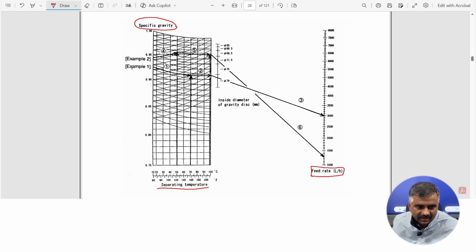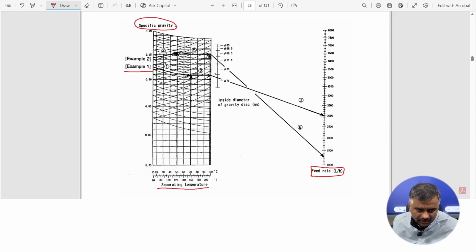Now let us see the example 1 type. This is the set of gravity disks provided by the maker for this model, from 66 to 79. So only this much can be the set of gravity disks that we can use for this model.